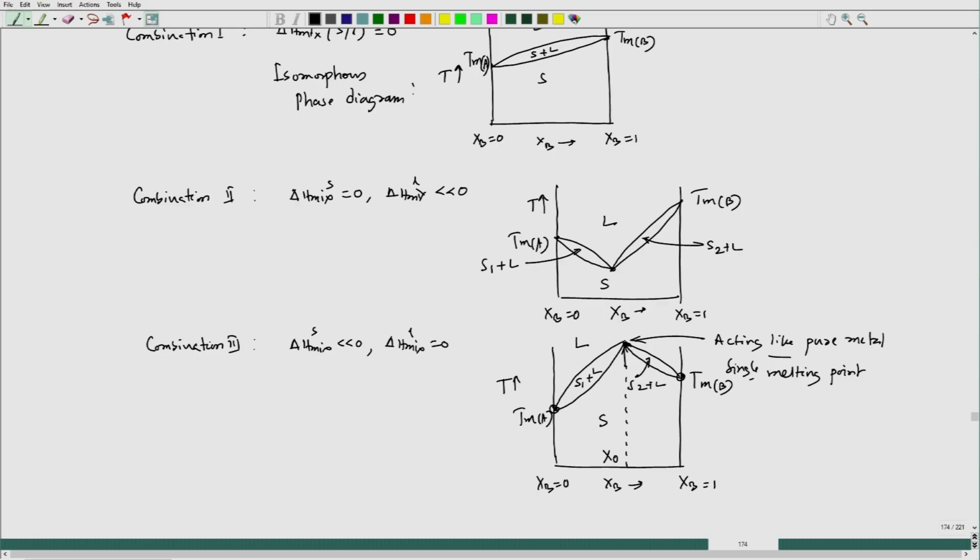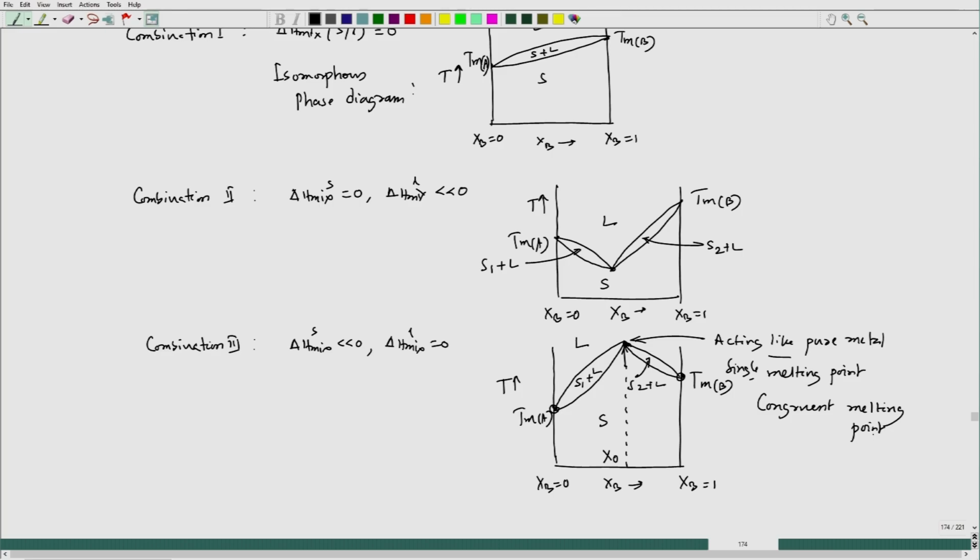The same is happening over this point: though it is a mixture of A and B, it still melts at a particular temperature. So, that particular point we can name congruent melting.